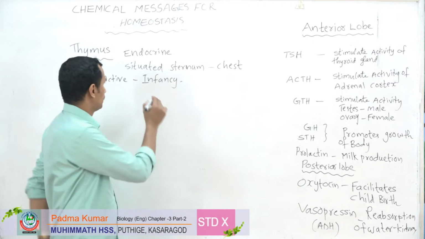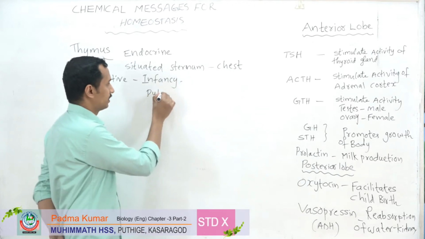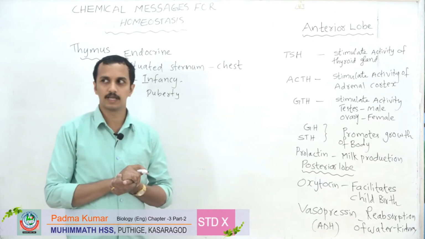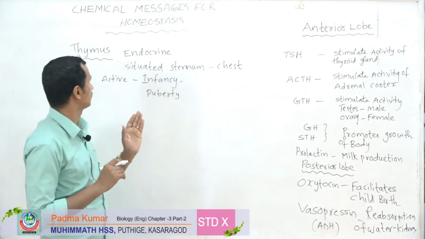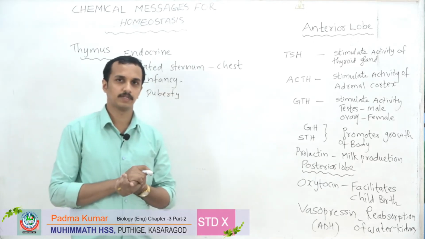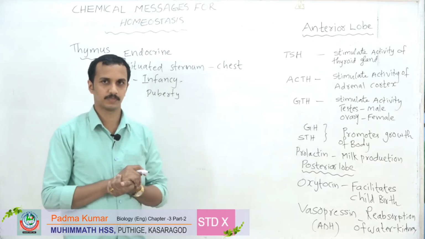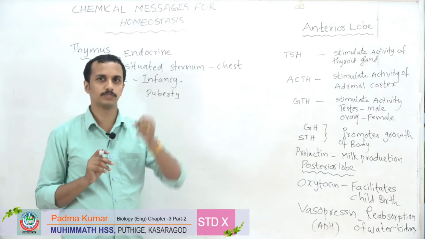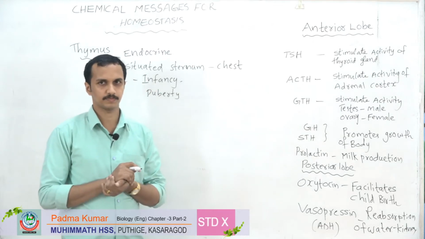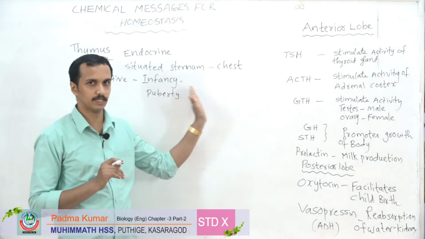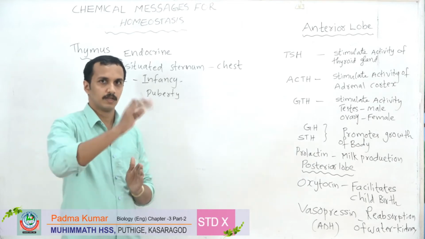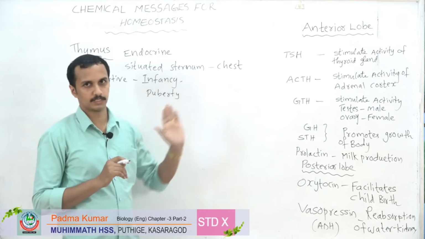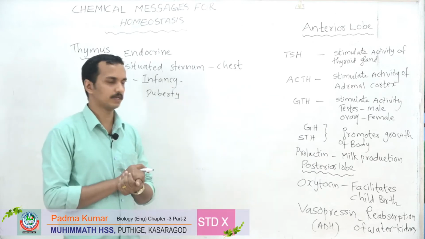When an individual reaches puberty, this endocrine gland, our thymus gland, constricts. Constrict means it reduces its size. And when an individual reaches maturity, it completely disappears from our body.